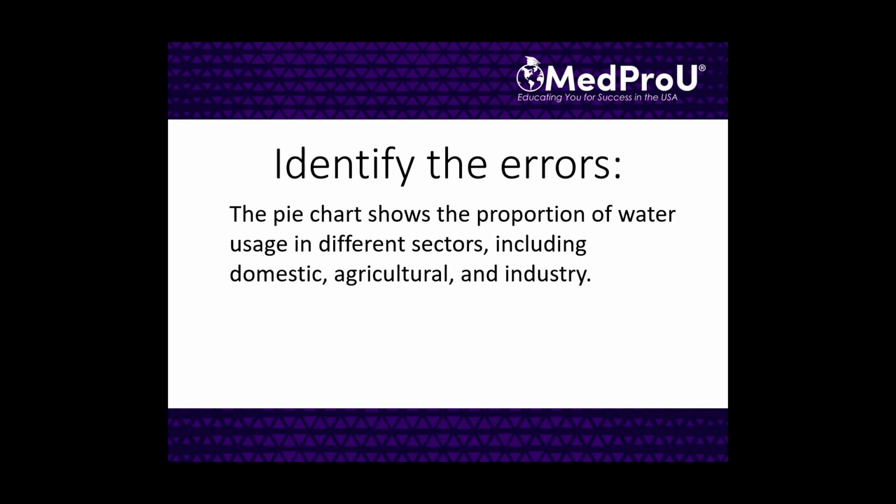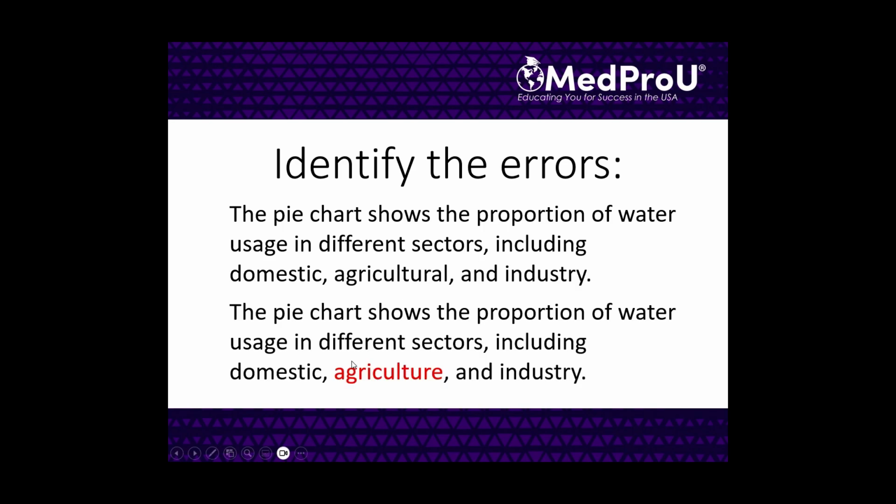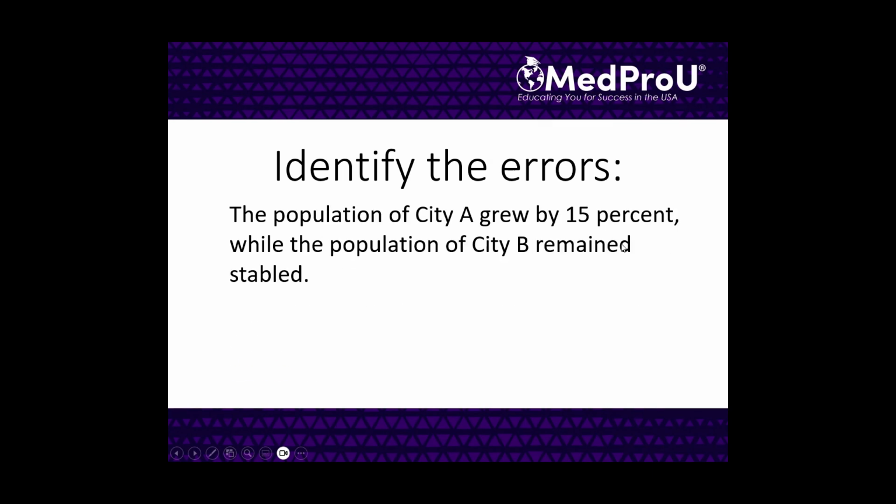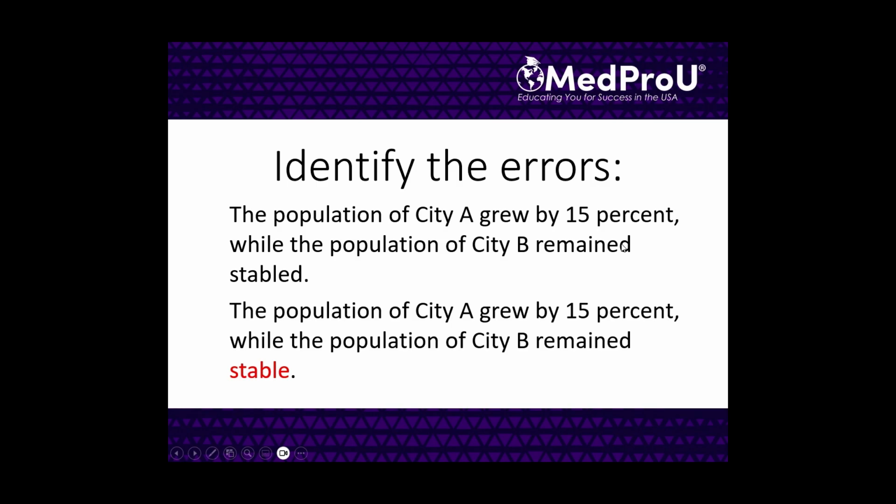So this is the correct answer. It should be domestic, agriculture, and industry. Agricultural is an adjective. So we use domestic noun, agriculture noun, industry noun. So it should be agriculture. We have to make the examples parallel. So, I already clicked it.